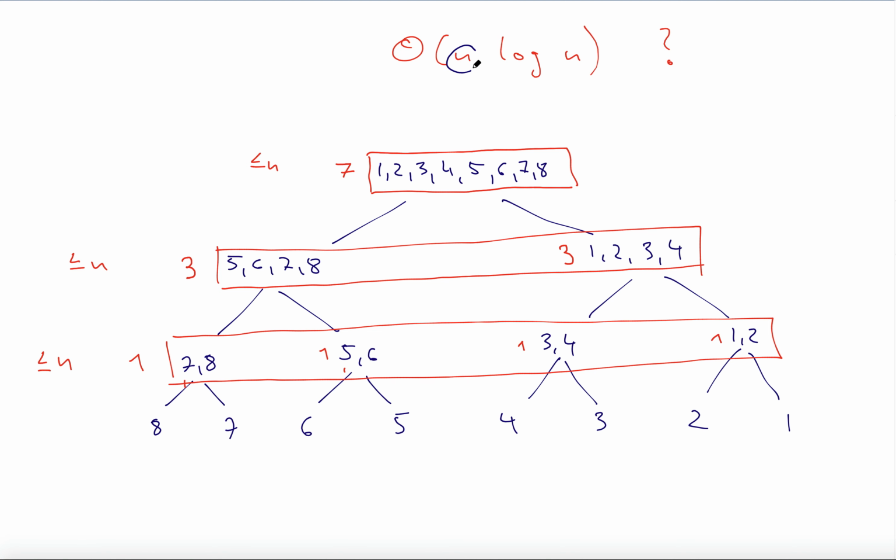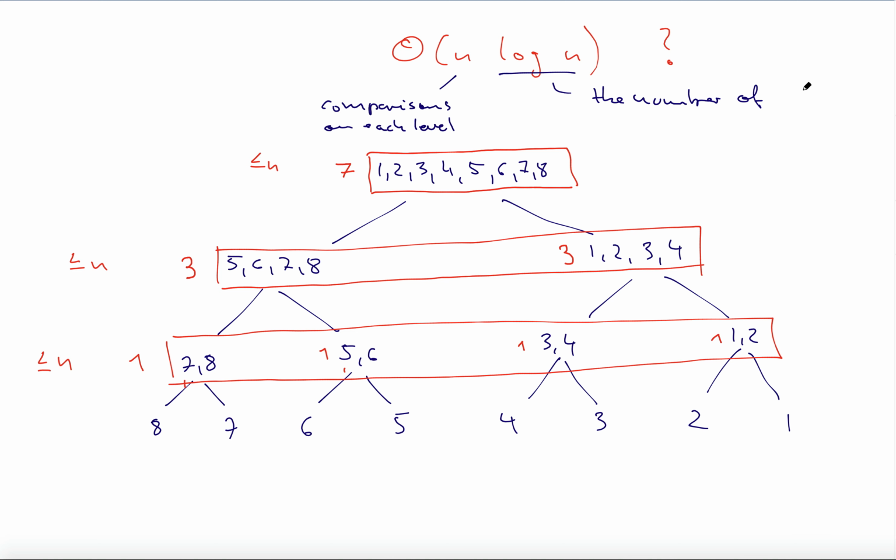So this n here comes from having n comparisons on every level. And so where does the log n come from? This is just the number of levels.